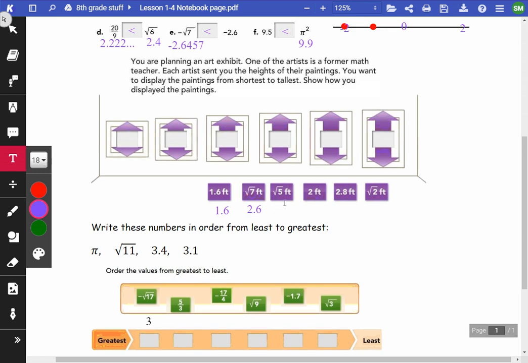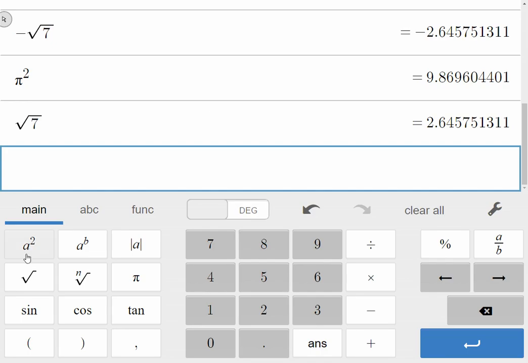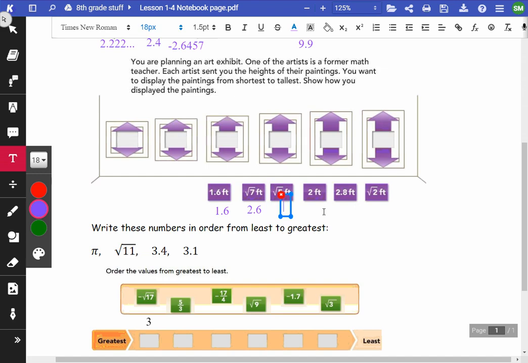Square root of 5 in the calculator: 2.2. 2 feet. That's just a 2. And 2.8. That's already a decimal.